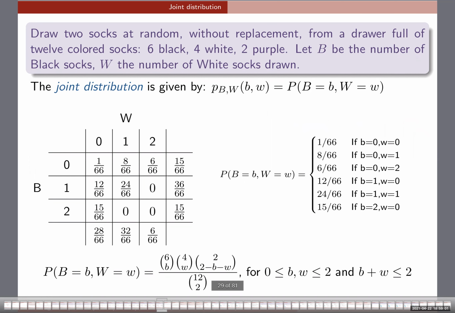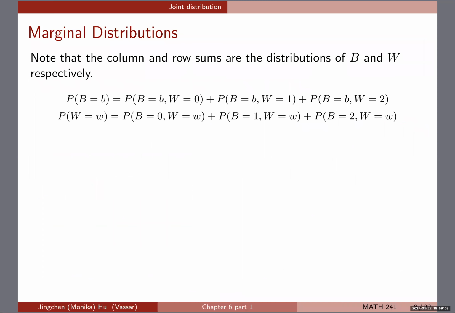Formally, because the column and row sums give the distributions of b and w respectively, for any value b that capital B takes, that is the same as fixing B at b but allowing any value of w to happen.